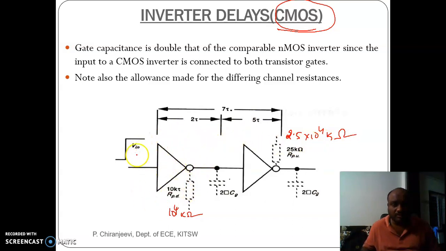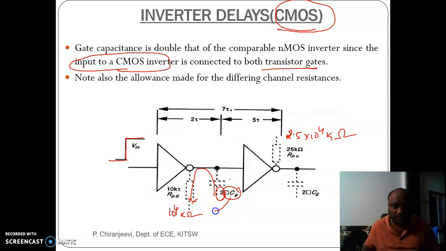In this case also, if your input is going from logic 0 to logic 1, your standard unit of capacitance is 2 times actually. Why? Because both the transistor gates are connected in order to form the input of a CMOS inverter.